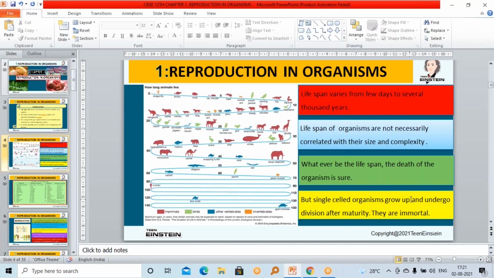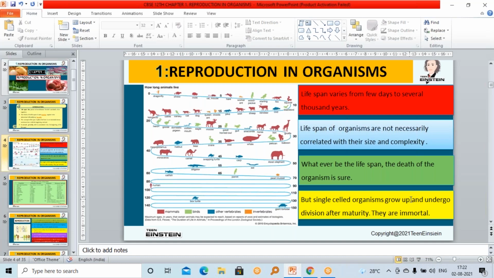That organism will grow, like all other organisms, and will attain maturity. After attaining maturity, what will happen? It will undergo division. That single cell acts as a parent cell and undergoes division, and the parent cell will give rise to new daughter cells.